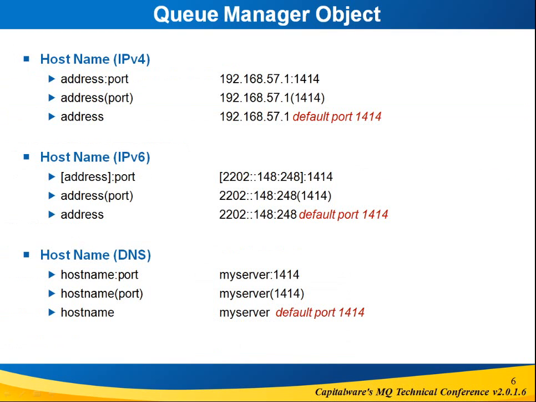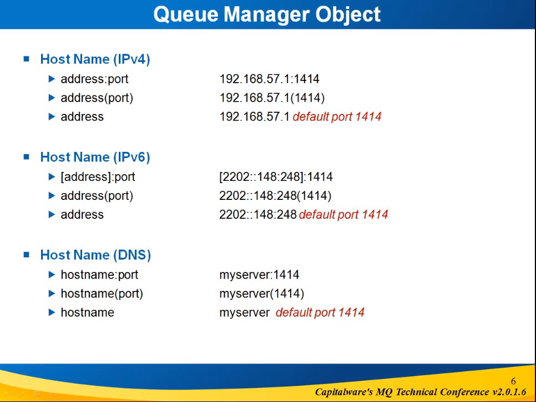So let's look at the parameters in turn. Hostname parameter is the familiar host name that is used in typical MQ terminology, consisting of the address and the port. But notice that the address and the port can be separated by a colon, which is the more traditional TCP/IP notation, or it can be set up with the port in parentheses, which is the more traditional MQ notation.